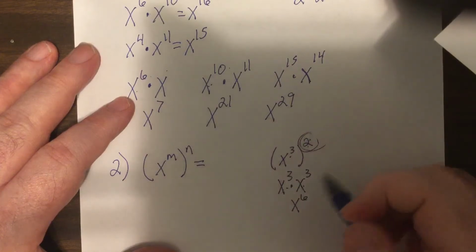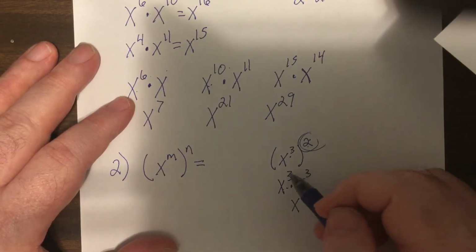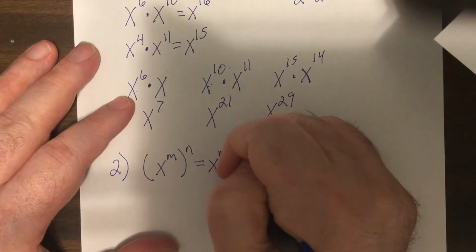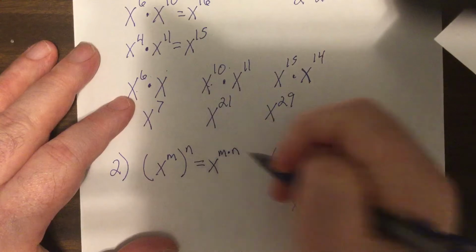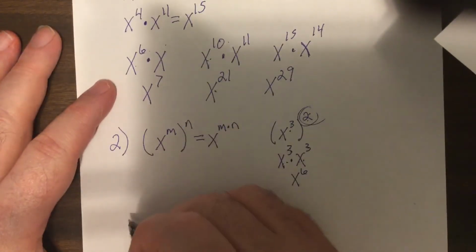So 2 3's multiplied together would be 6, 2 times 3. So this would be x to the m times n. So the rule says whenever you have a base and you're raising it to a power, then you raise it to another power, you multiply the powers.